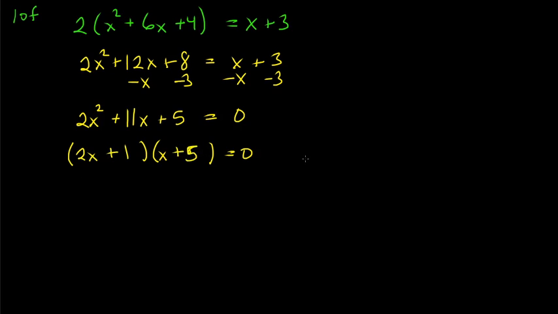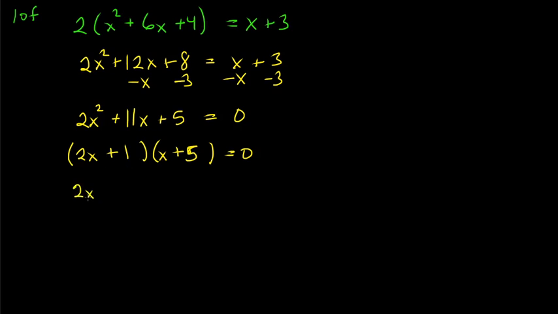How did I get that? Well, I kind of guessed, right? I mean, there's really only two possibilities here. It's either that or 2x plus 5 times x plus 1. And that doesn't work out because you're going to get 7x instead of the 11x. So yeah, I happen to guess this. But you really should use the AC method unless it's that obvious to you, right?